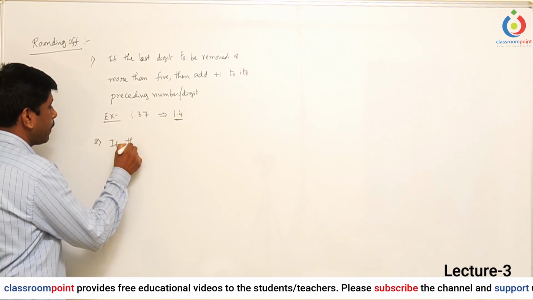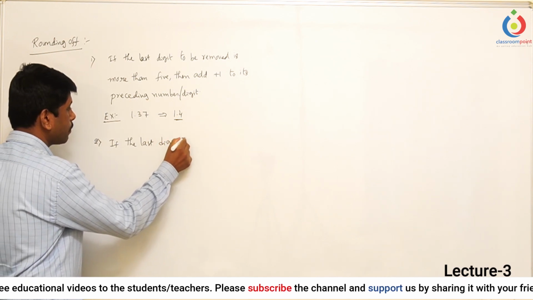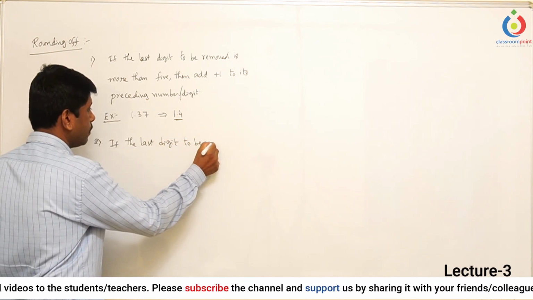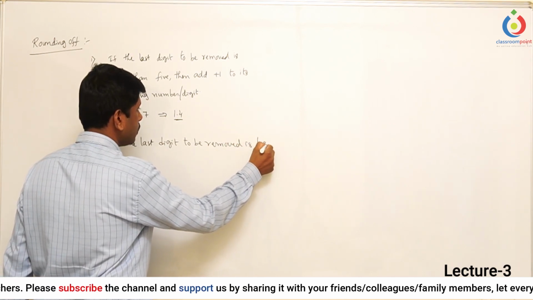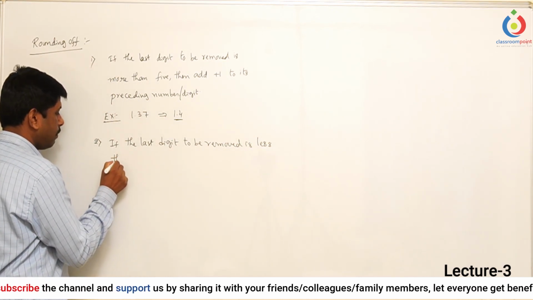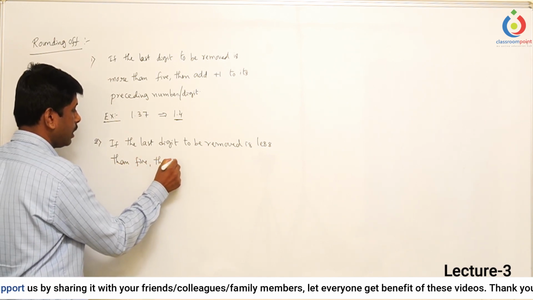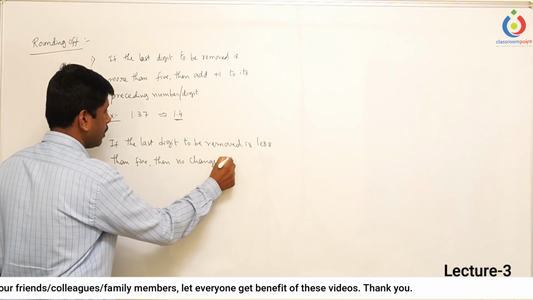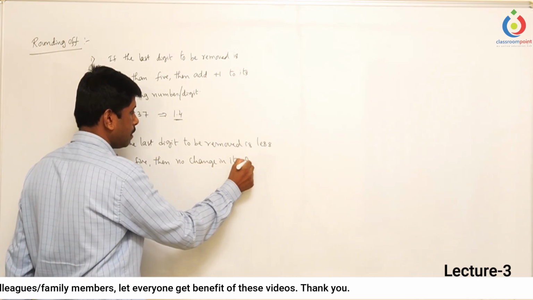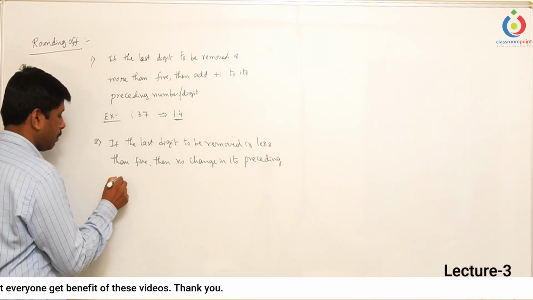Next, if the last digit to be removed is less than 5, then no change in its preceding number or preceding digit.